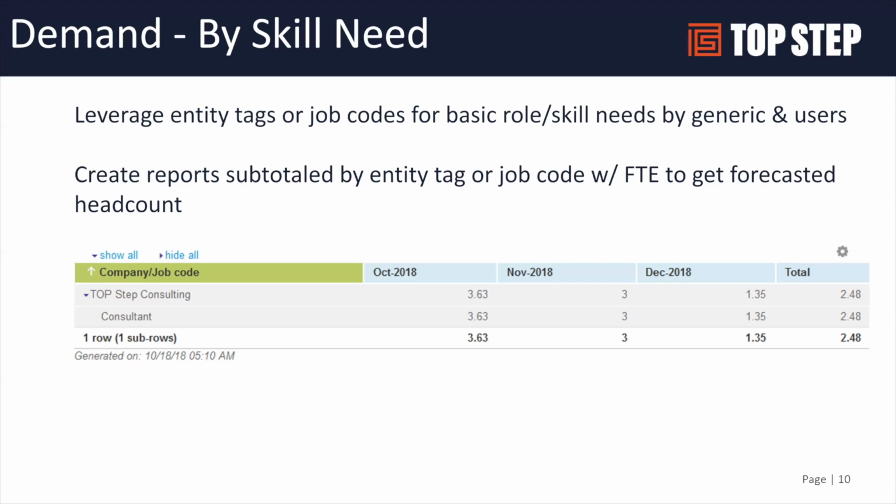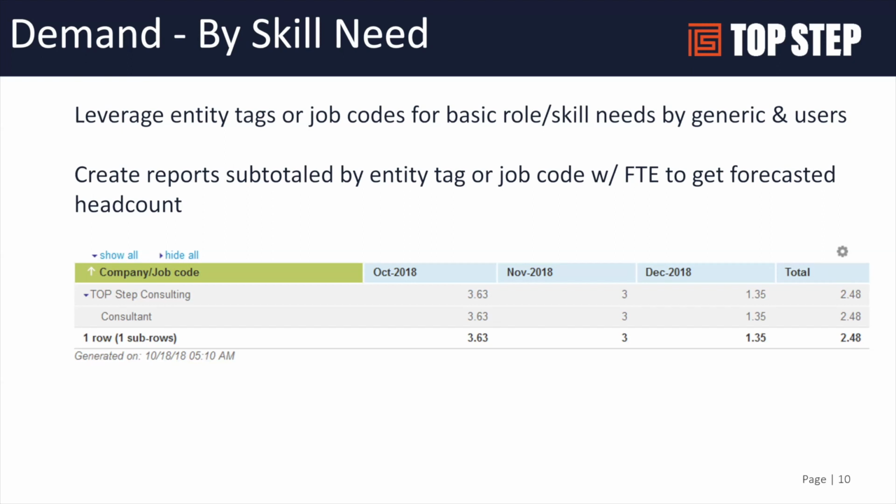A couple of other tips and tricks: leveraging entity tags is really important if you're doing reporting on any sort of users or generics, to show people that are coming and going in the organization. A lot of times people will start work on a certain date and then end in the middle of a month, and you want to be able to include or exclude those.